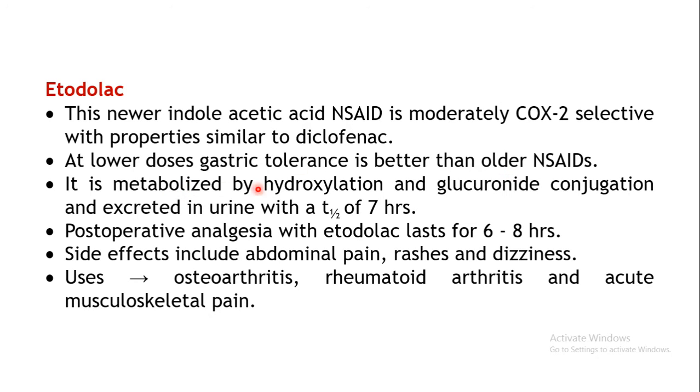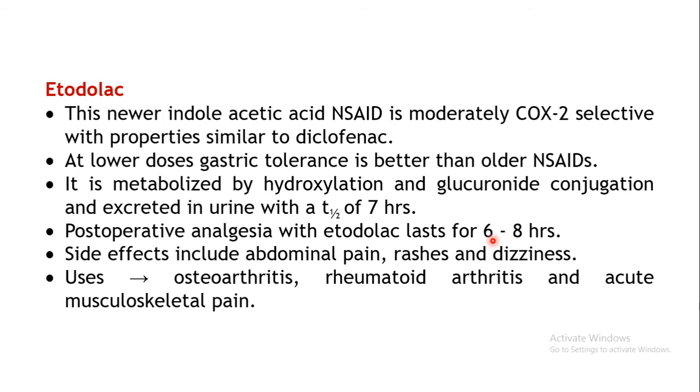Coming to the kinetics, it is metabolized mainly by two processes, hydroxylation and glucuronide conjugation, and excreted mainly in the urine with a half-life of 7 hours. Its duration of action is 6 to 8 hours, specifically in controlling post-operative pain.